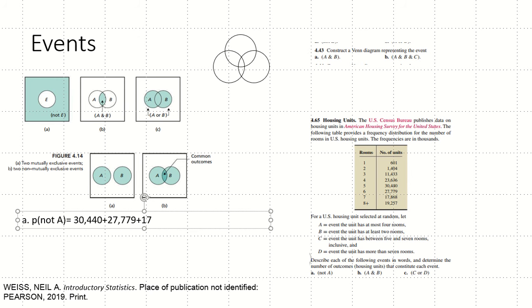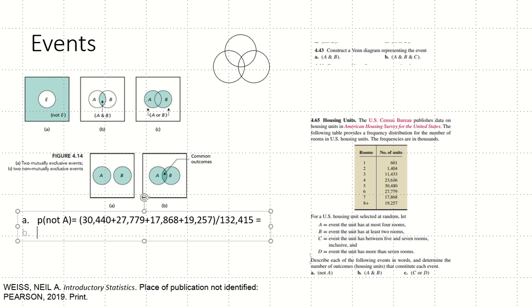So 17,868 plus 19,257, this quantity divided by the total number, which is 132,415. You can check me on that. That's basically the summation of all the housing units added together. And that will give you a number. That number will be between 0 and 1, and that will be the probability.